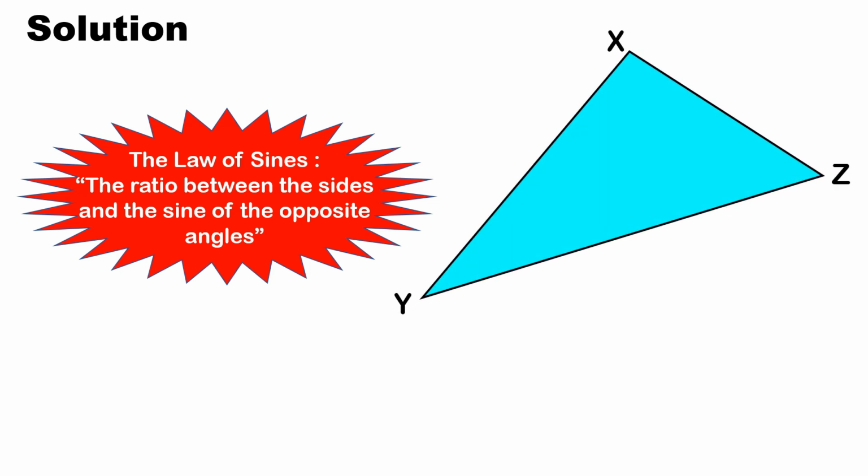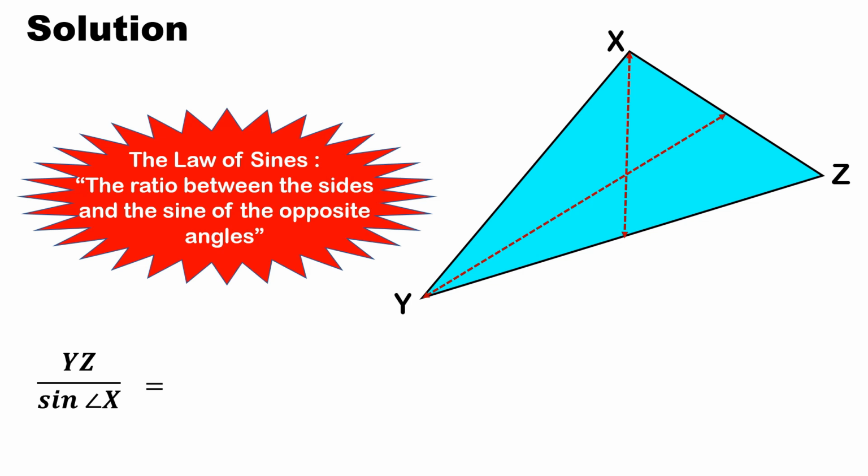Let's look at the triangle. Angle X is opposite side YZ. So we get YZ over sine of angle X. Angle Y is opposite XZ.